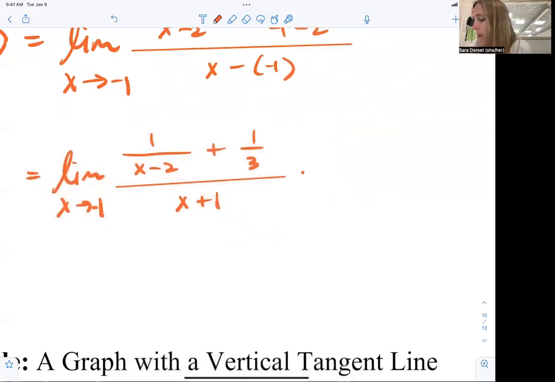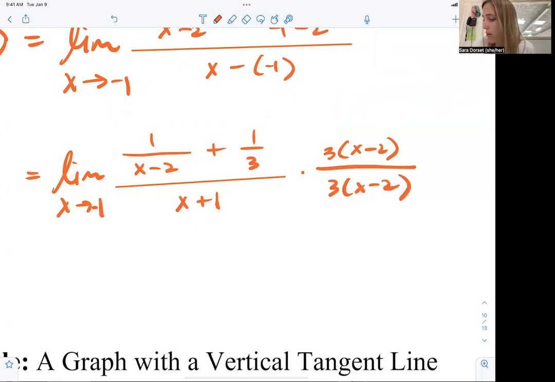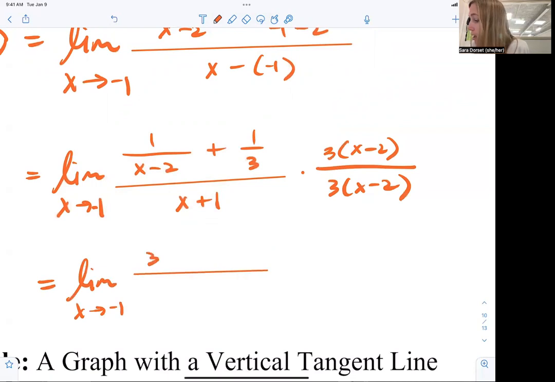We're going to multiply by the least common multiple of those denominators, which would be 3 times x minus 2, over itself. The x minus 2's would cancel. We'd have 3, and then plus x minus 2.